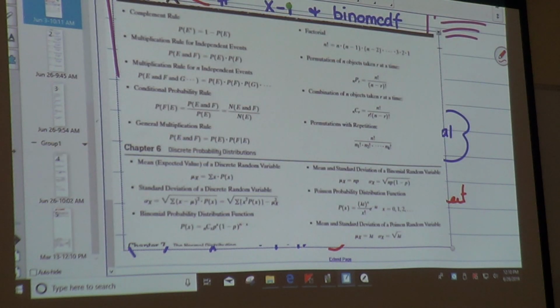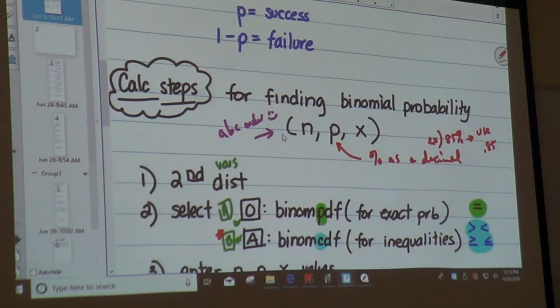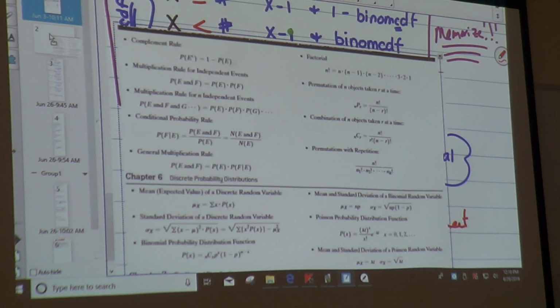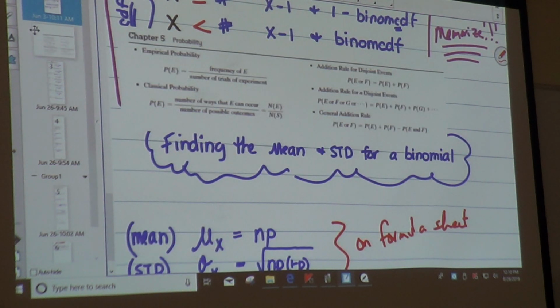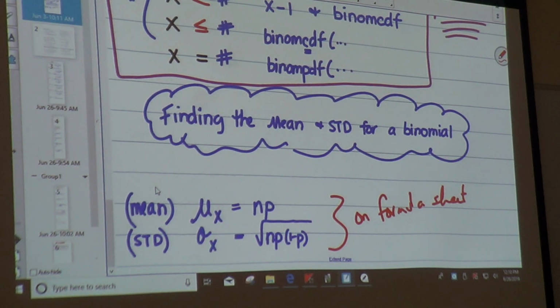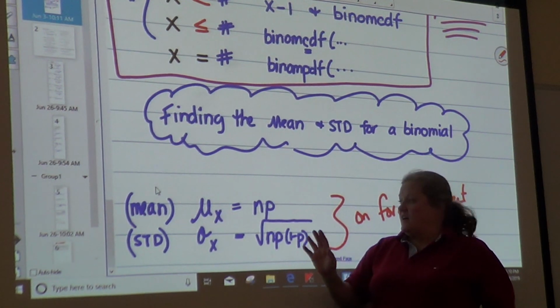Put those on one page. All right, let me let you copy those down, and then I'm gonna show you where it is in the formula sheet. These you don't have to memorize, but they are on the formula sheet. You just gotta know where to find them.